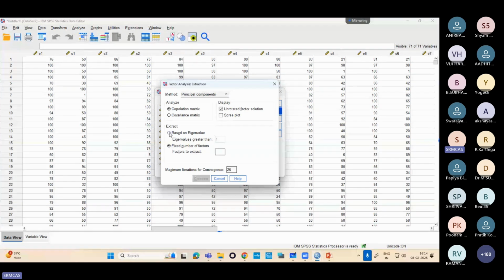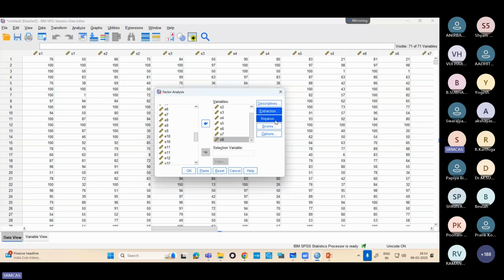By default, the eigenvalue should be greater than one. Here we can also select the scree plot. If you want to check the correlation matrix, you can click correlation. Then click continue.